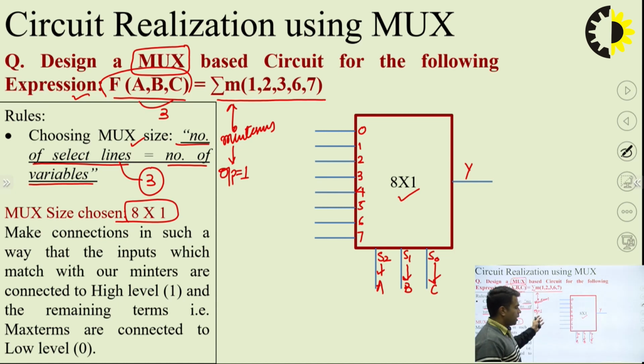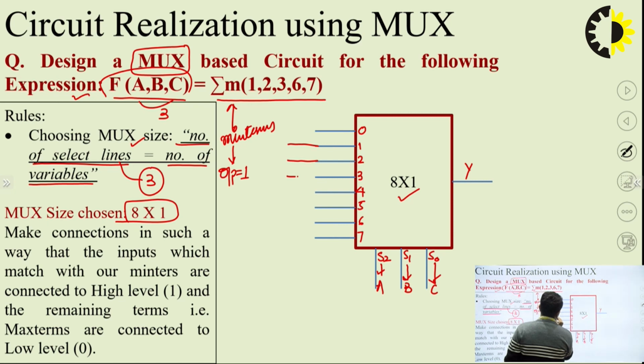So if I am going to realize this problem using a multiplexer, then I have to separate out these inputs 1, 2, 3, 6 and 7.